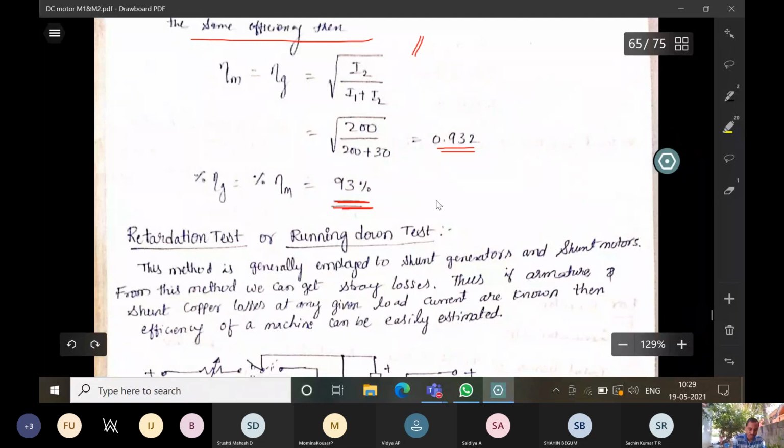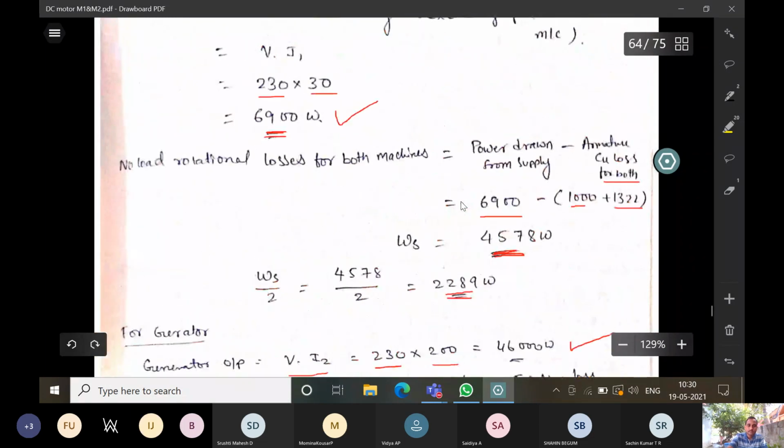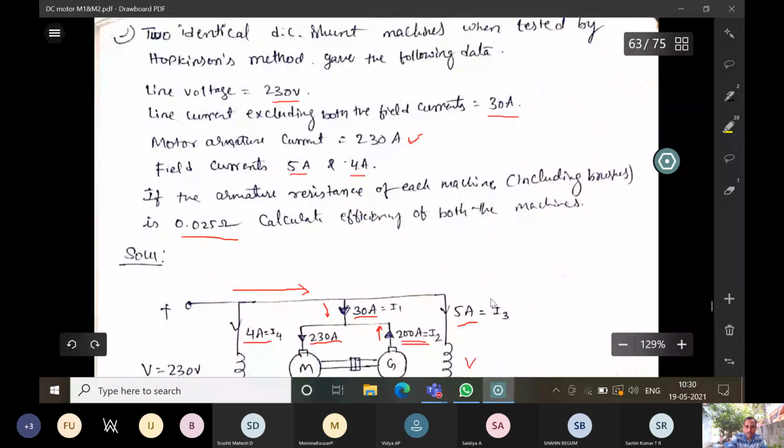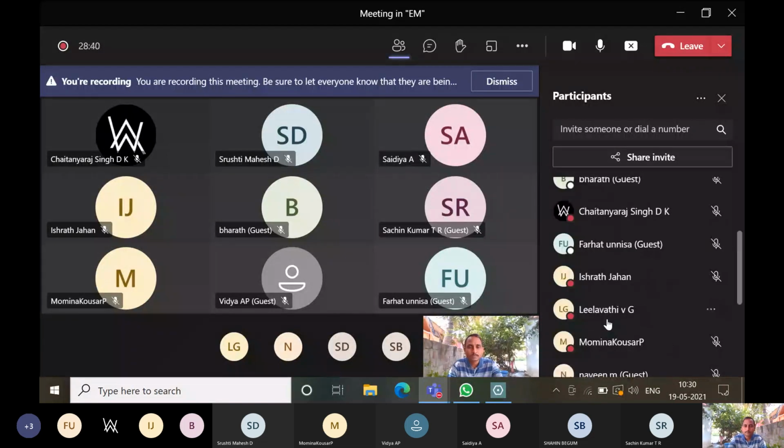Is it clear? Any doubt regarding this problem? No, sir. All of you got the answer? Yes, sir. What about others? Bharat, Sachin Kumar, Vidya, got the answer?